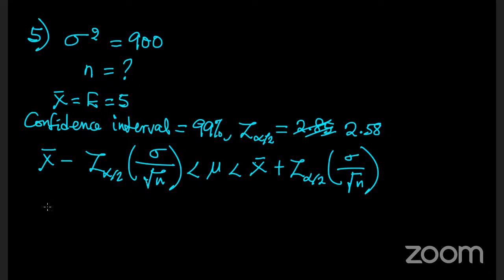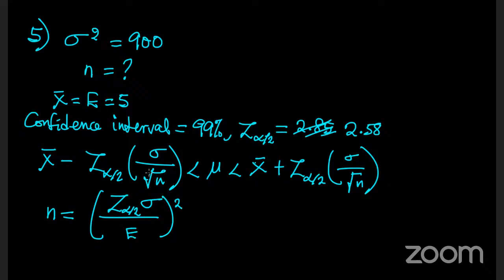If we try this, we should get n to be this times that: the Z score times the standard deviation all over the expected error.